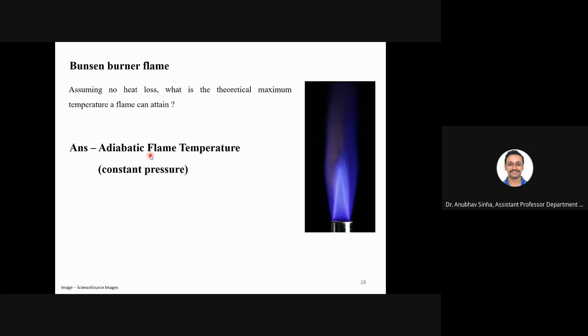So which one will be for a Bunsen burner flame? Anyone? Just now we have discussed. So I am also telling you the answer that it is constant pressure. But why not constant volume? Does the volume change or does it remain constant?